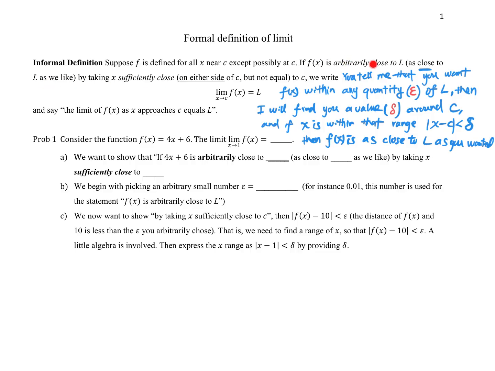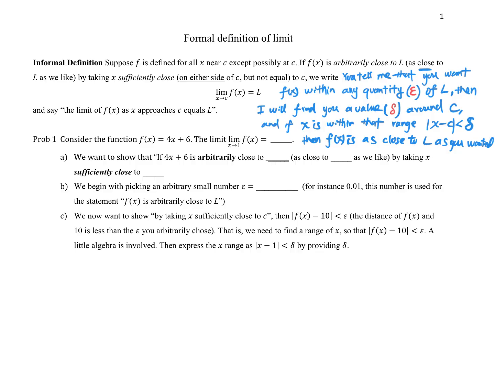So you tell me how close you want f to be to L by telling me a quantity epsilon. Then I should be able to find another quantity delta so that x is within the delta range of c, which means sufficiently close to c.